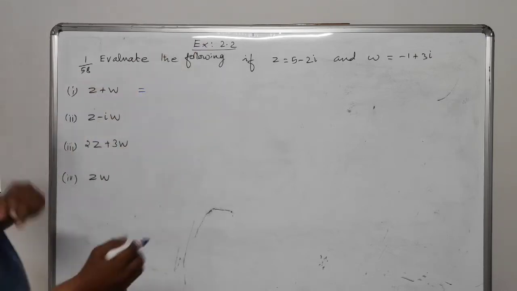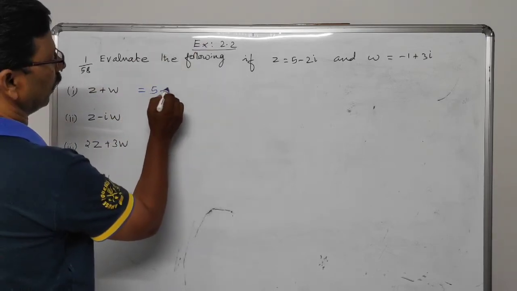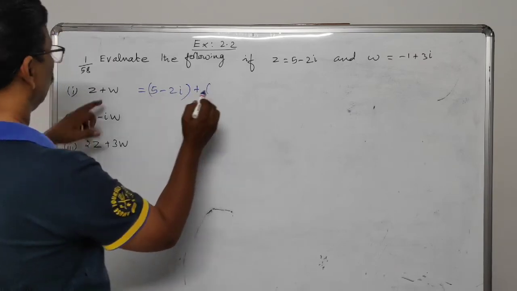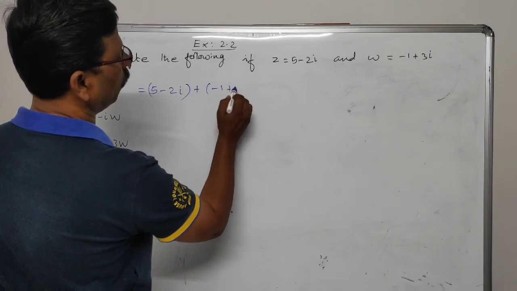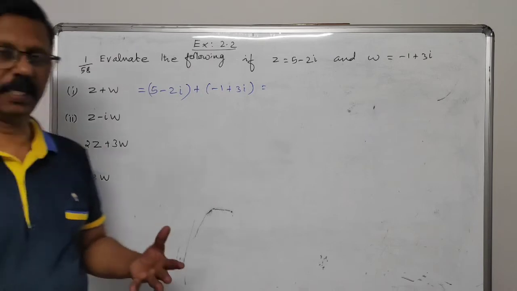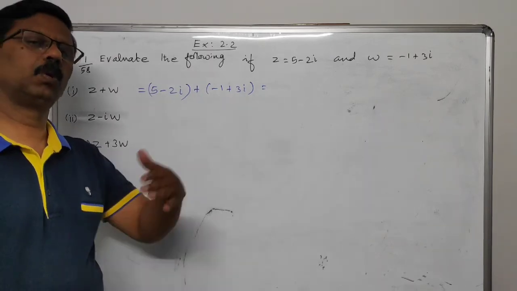w. What is z? 5 minus 2i. Plus w. What is w? Minus 1 plus 3i. Now you have to find the sum of these two. Already we have seen how to find the sum of two complex numbers.